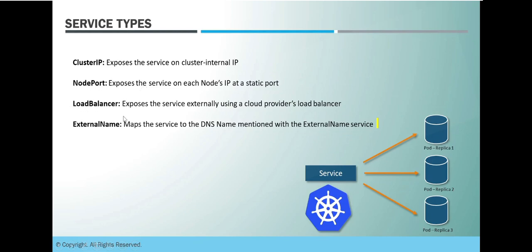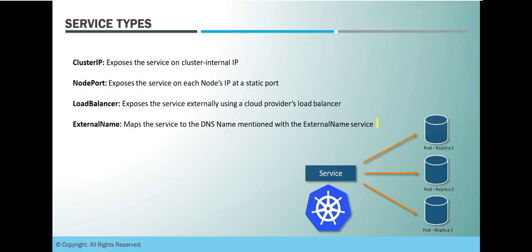Then comes load balancer. This also exposes your service externally. Node port also exposes your service externally, and load balancer also exposes your service externally using a cloud provider's load balancer. So this is the preferred way of deploying a service when you are using your VMs on cloud.